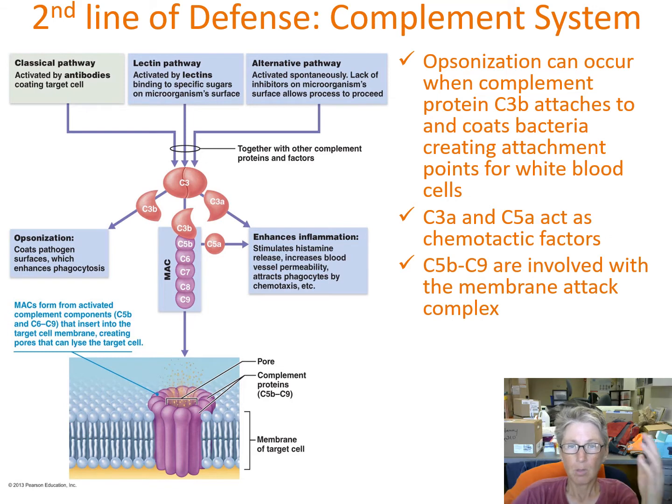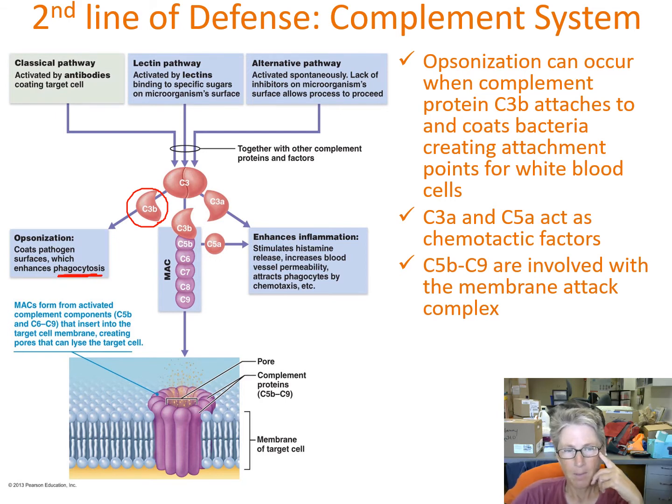So a little bit more on opsonization. That's just when you're coating a microbe. Opsonization can occur when the protein C3b coats the bacteria, and that creates attachment points for white blood cells, such as macrophages, which can then attach to the opsonins on the microbe and do phagocytosis, or eat the microbe.